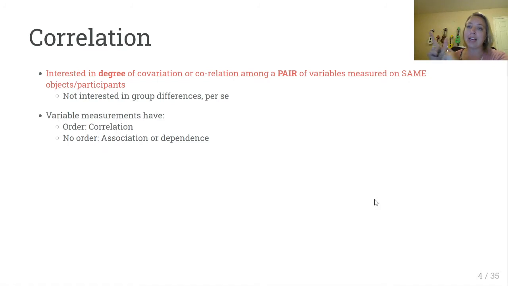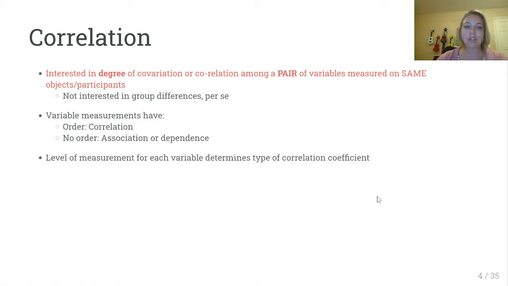And if we want to know about a connection between 2 nominal variables, we just call it association or dependence. The word correlation is reserved for when we're talking about ordinal or continuous variables specifically. So we want to know to what degree do these 2 variables kind of move or hang out together.